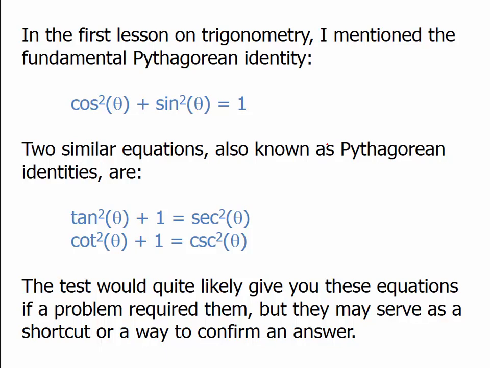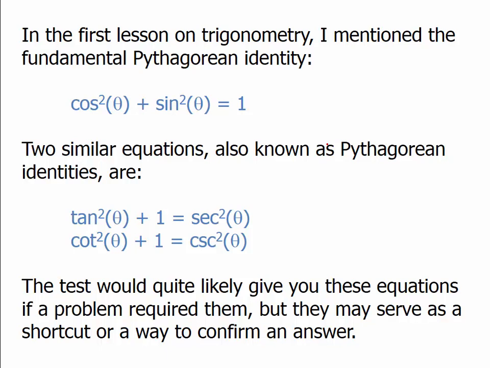Alternately, you could go back to the original SOHCAHTOA triangle with ABC and start with the Pythagorean theorem, a squared plus b squared equals c squared. You may remember that we got this top Pythagorean identity, cosine squared plus sine squared equals 1. We got that from taking a squared plus b squared equals c squared and dividing all three terms by c squared.